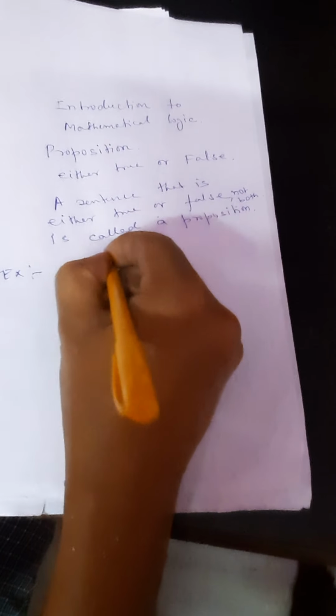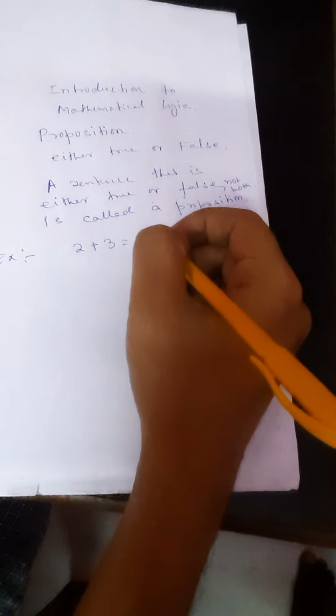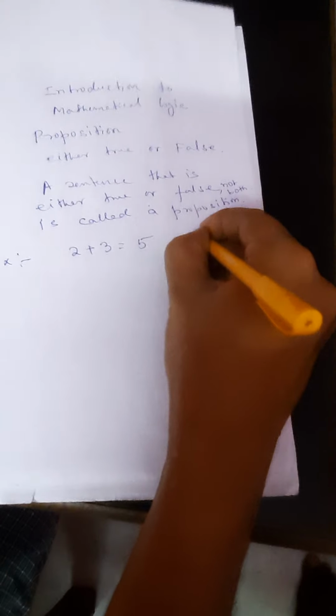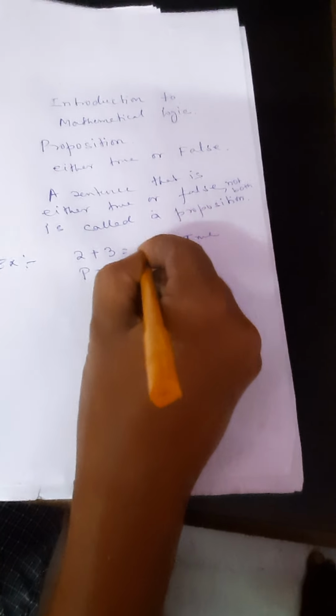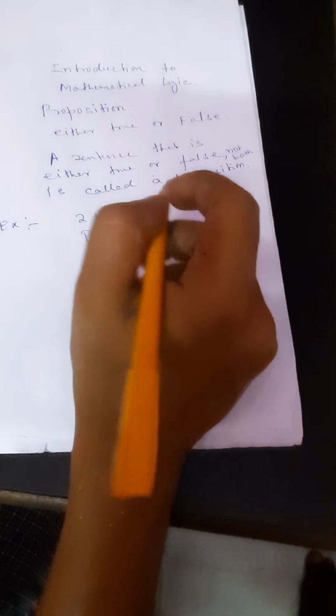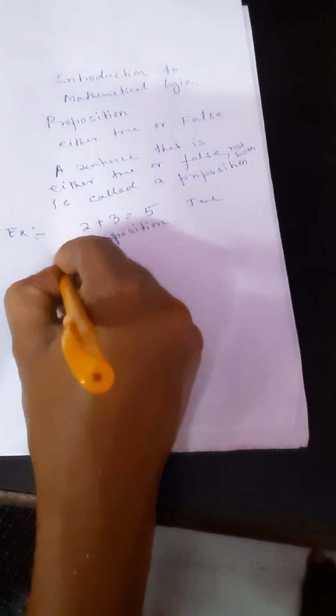Example: 2 plus 3 equals 5. This is true, so it is a proposition. Again, if I take the example, do you speak English? This is not a proposition because we cannot assign true or false to this.